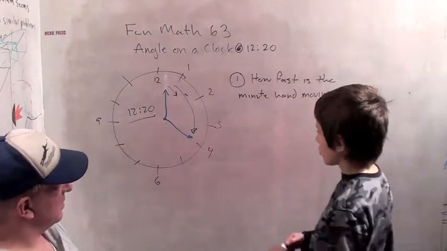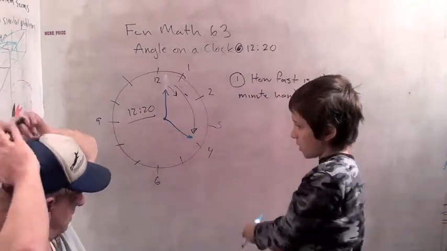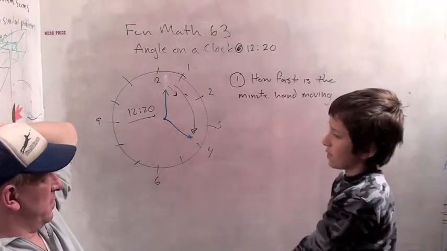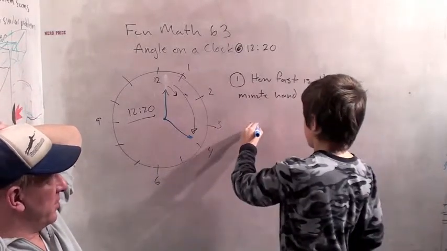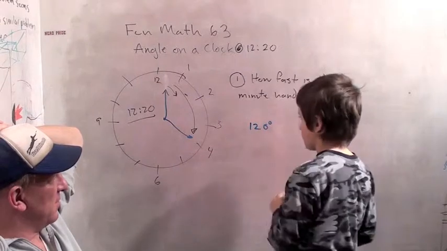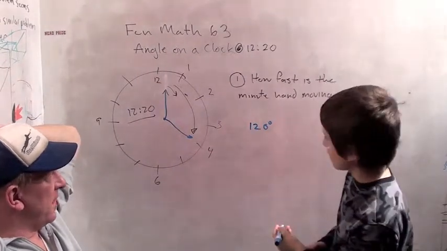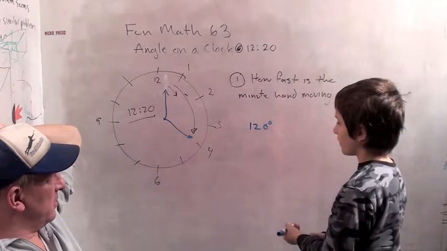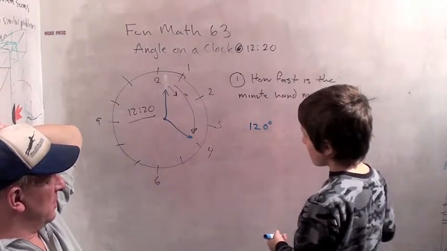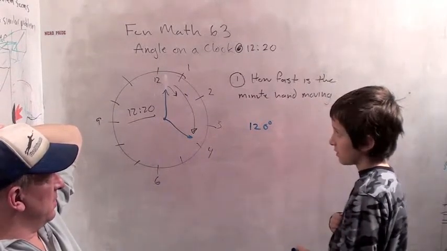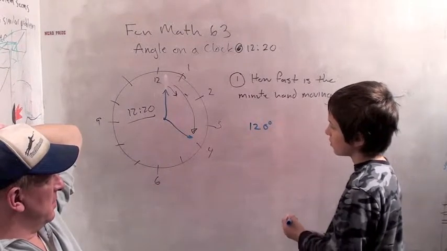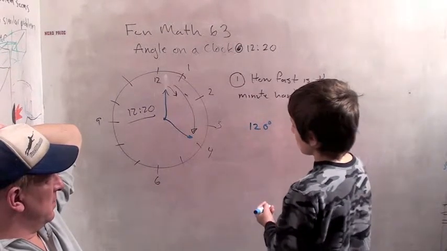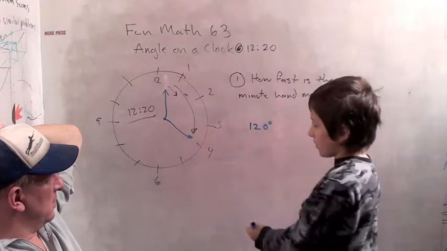So it's traveled 4 wedges, which is 120 degrees. But that doesn't still tell me how fast it's moving. I wanted how fast it's moving in degrees per minute. How many minutes did that take? Well, there's little tick marks in there.